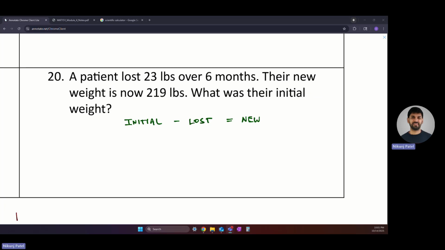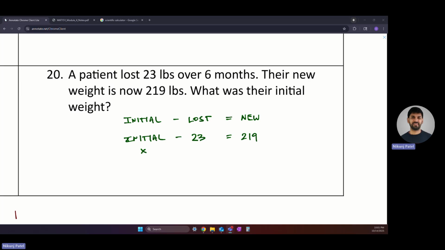So they lost 23 pounds, right? So that's going to be right here, minus 23. So we lost 23 pounds, and their new weight, where they currently stand, is 219. And what we don't know is what their initial weight was. I'm just going to rewrite initial right there, because now this is like an equation.